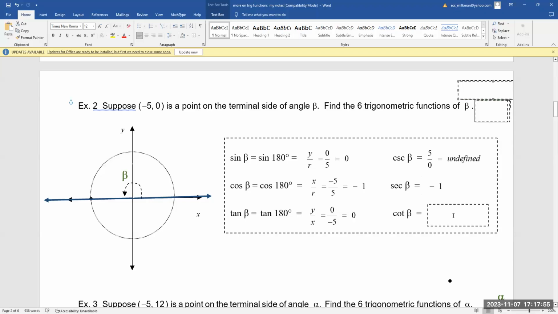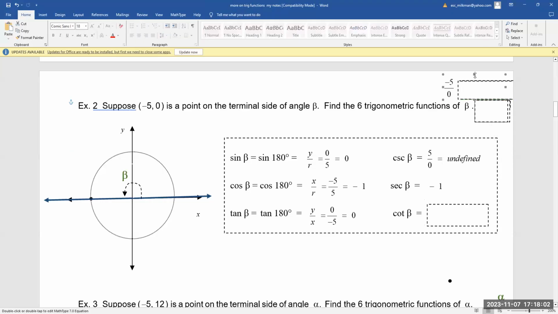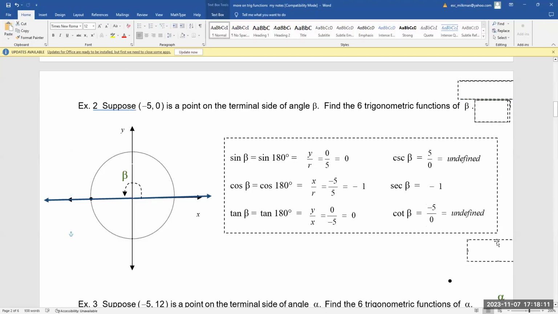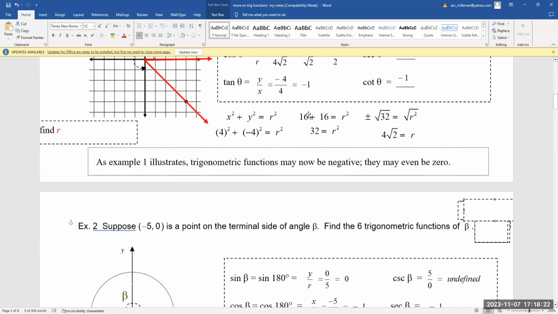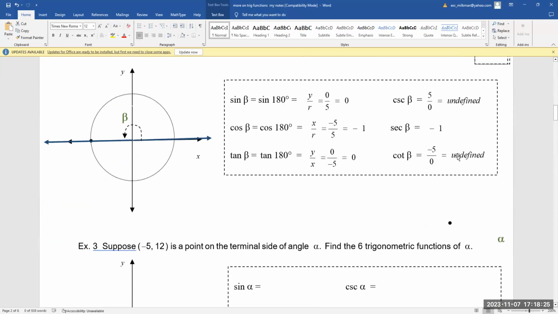But the reciprocal here, the reciprocal of the tangent of beta or the tangent of 180 degrees, the cotangent of 180 degrees is, oops, -5 over 0, which is said to be undefined. So we always simplify our fractions. Rationalizing sometimes might take place. And of course, zeros in denominators are undefined.